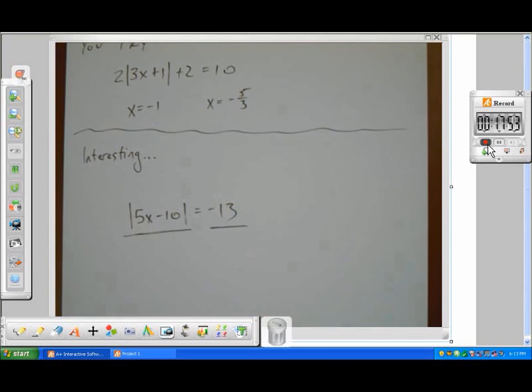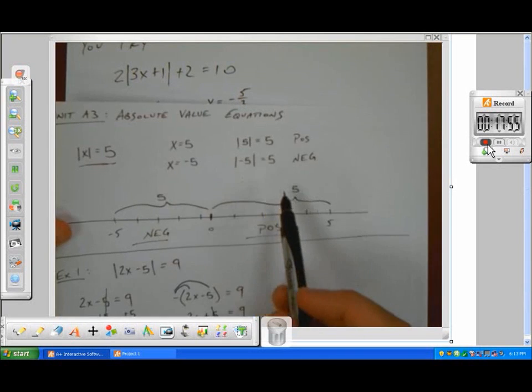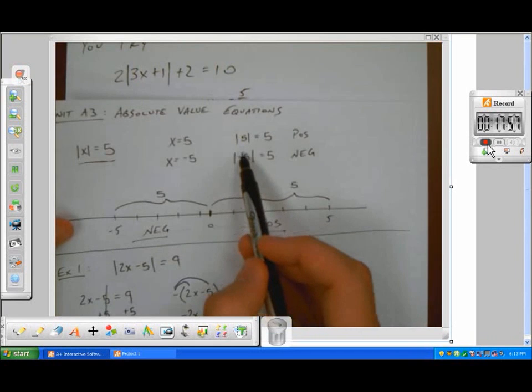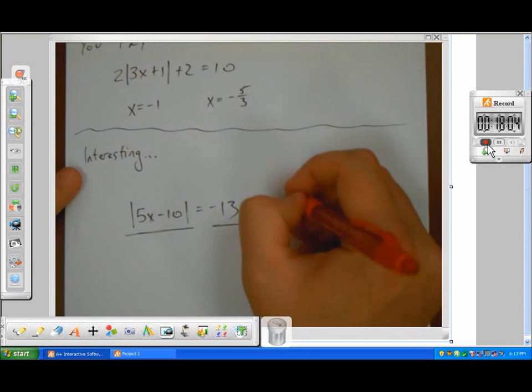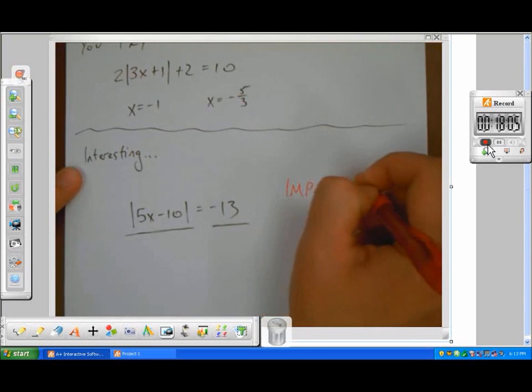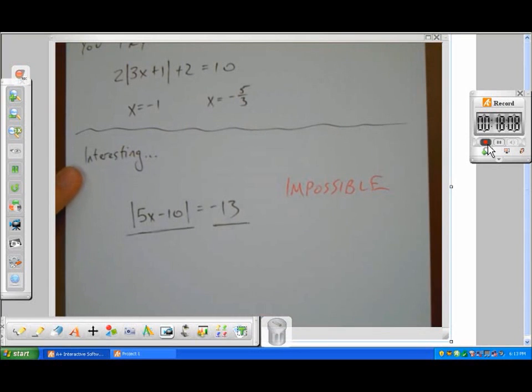But if you remember from the very beginning, we know that absolute value always makes something positive. This is impossible. It's impossible for an absolute value to equal something negative.